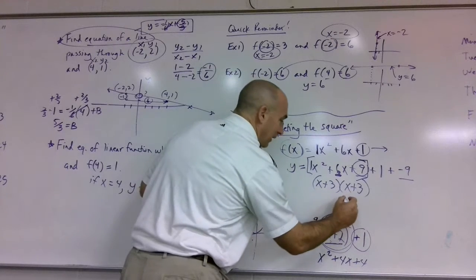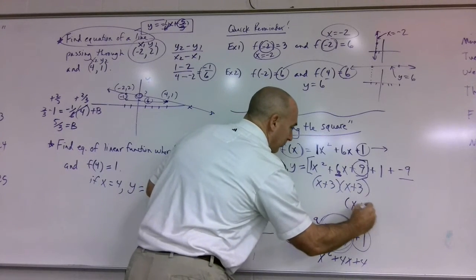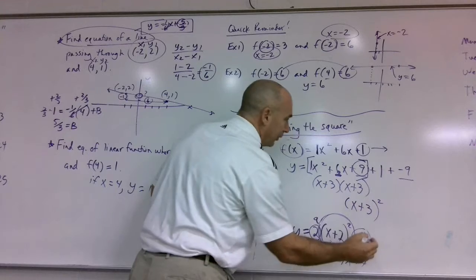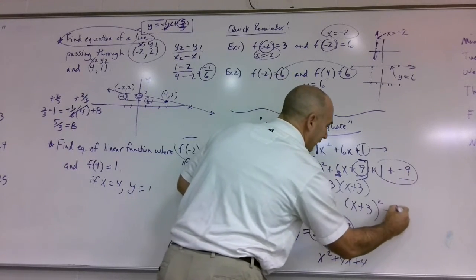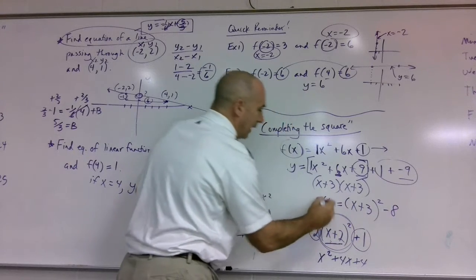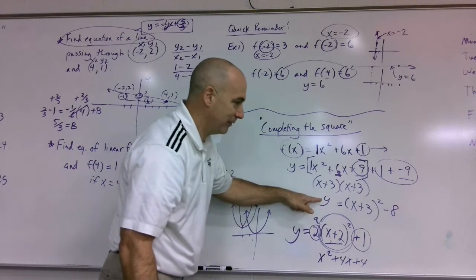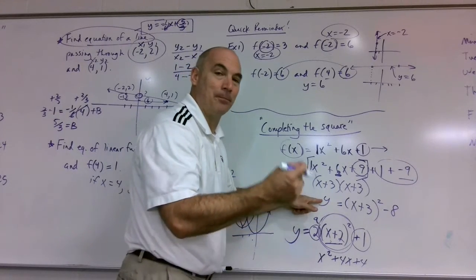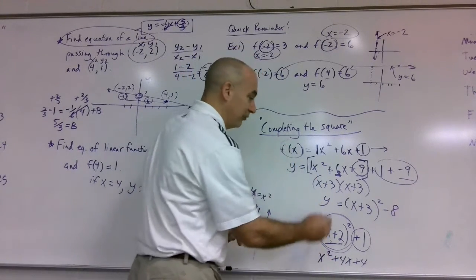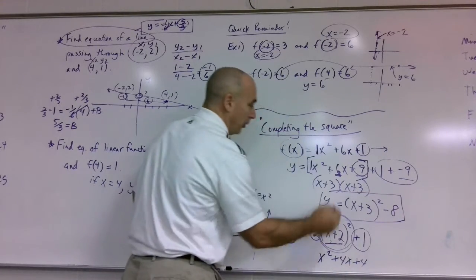We want this to be x plus 3 squared, and then we take these two, and it's minus 8 equals y. And see, now we have a parabola that we're able to actually graph. It's just in the proper form.